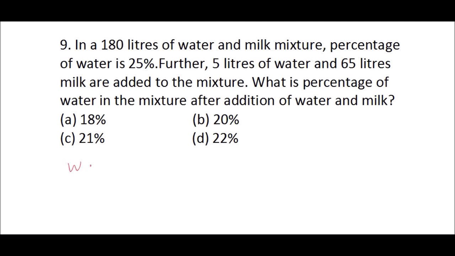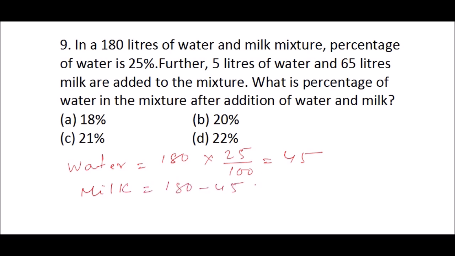Water in that is 180 multiplied by 25 divided by 100, that gives you 45 liters. The milk is equal to 180 minus 45, which is 135 liters.